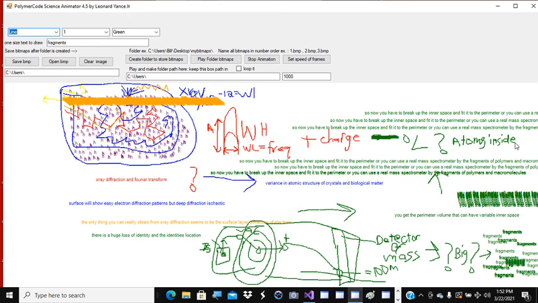So they don't know. They don't know what this really is. They can't predict the traveling and the energy of photons.